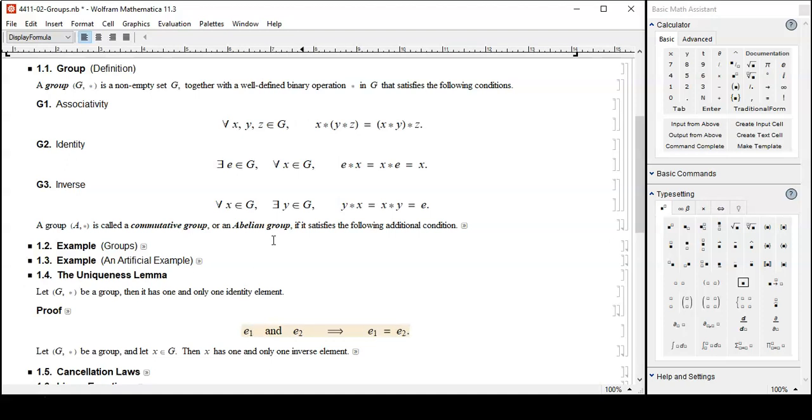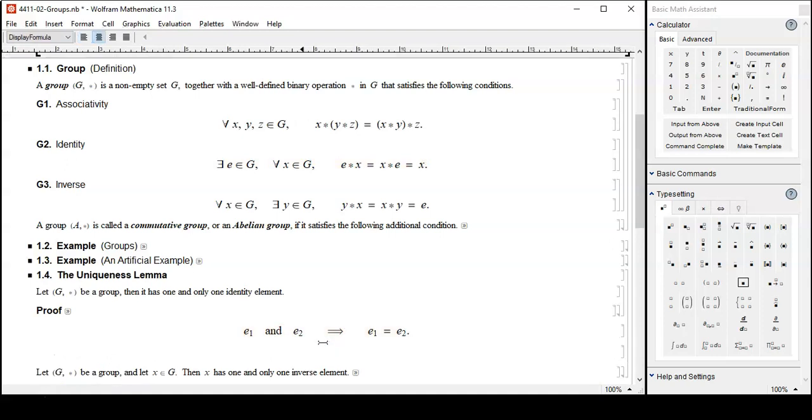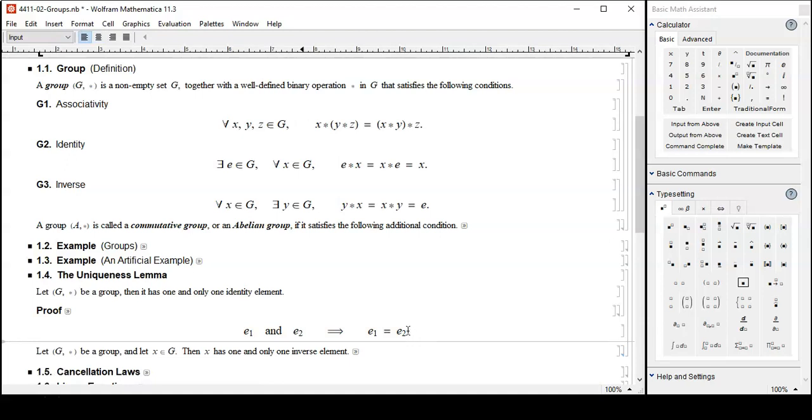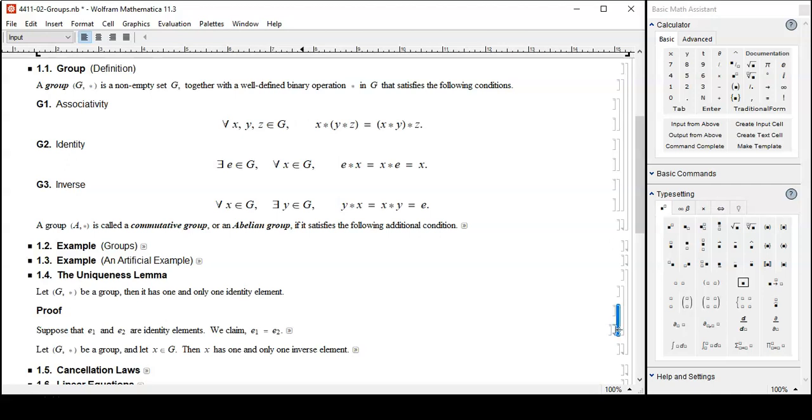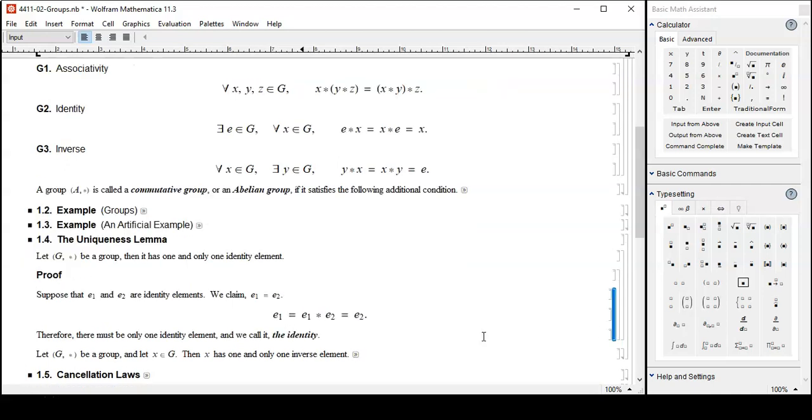So E1 and E2 with this property, then they're the same. How do you prove that? Well, okay, let's stop here. Think about how to do that. If you have no idea, then okay, what choice do I have? I have to show you the answer. Here we go. It's that simple.